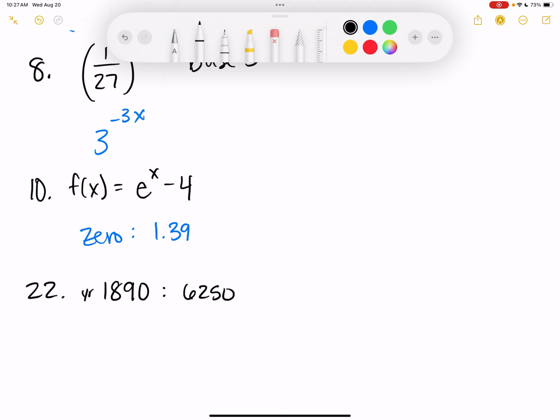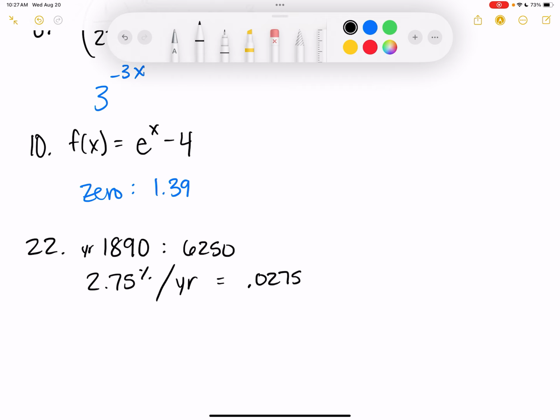The population increased at a rate of 2.75% per year, so as a decimal, that would be 0.0275. They want us to estimate the population in 1915 and in 1940.